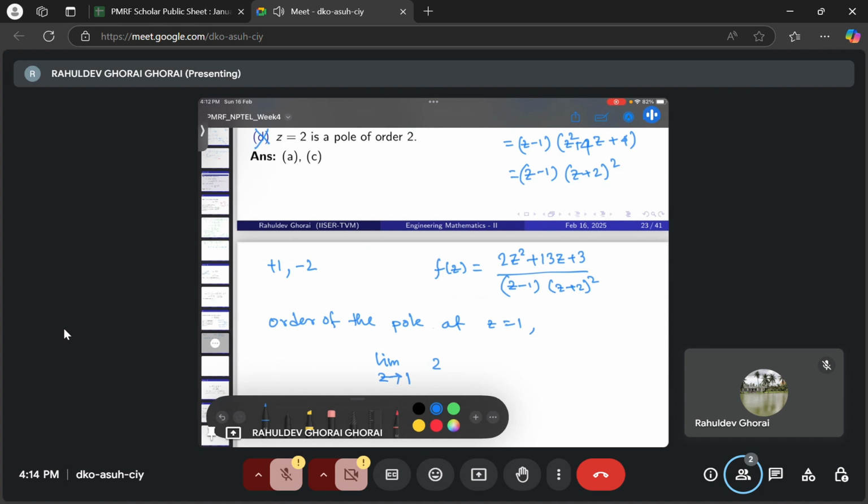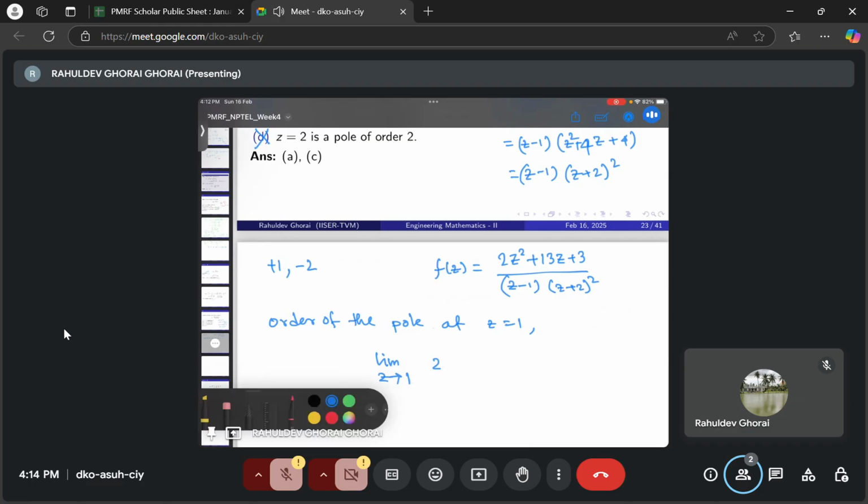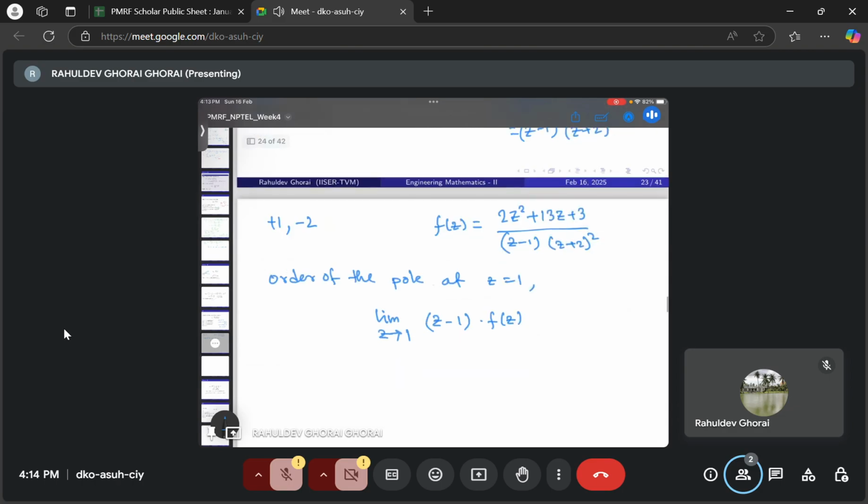So what about the order? Here we don't do any derivative and all, okay? So z minus 1 times f(z) gives you the limit as z tends to 1 of (2z square plus 13z plus 3) over (z plus 2 whole square).